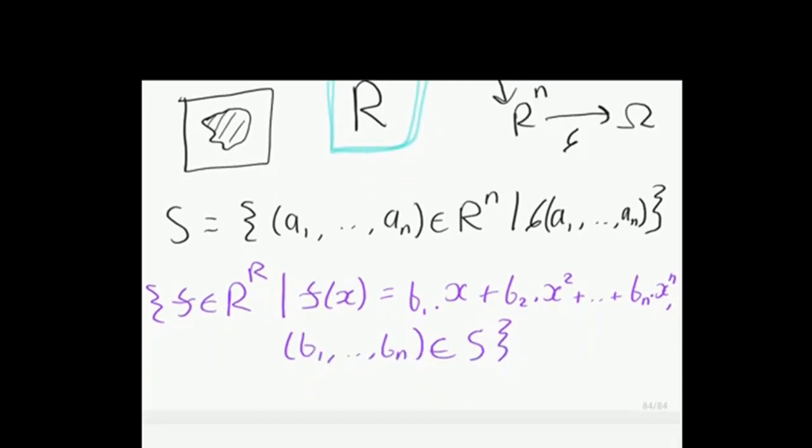And we could then embed that shape in this space R to the power of R. Basically, we can form this part of our function space, which would look like S. This consists of all of the functions f in R to the power of R which have these power series involving these coefficients b1 and b2 all the way up to bn, which is such that these coefficient values b1 all the way up to bn correspond to points of this space S, which we're trying to model.